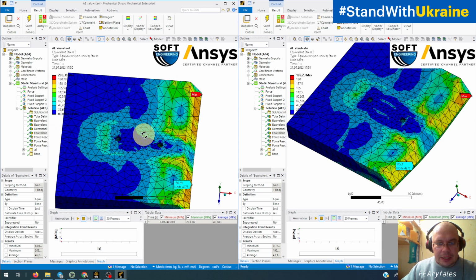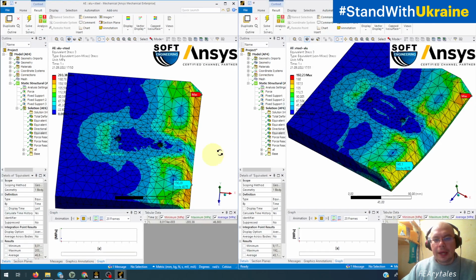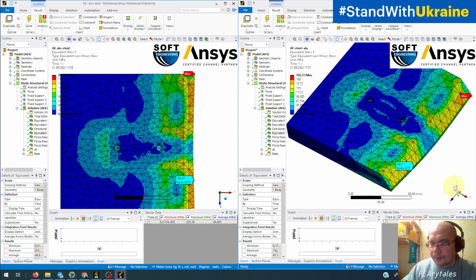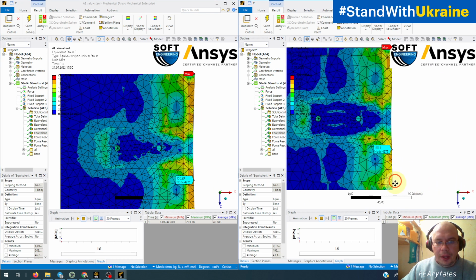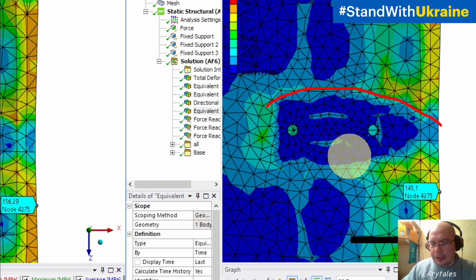We see that here the stress distribution looks like this one, and here it looks very different, something like this one. In the previous simulation, it has something like that.